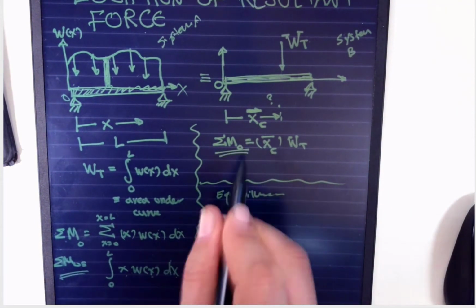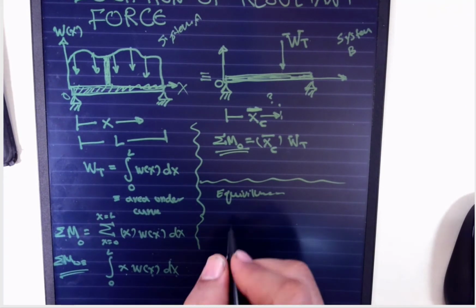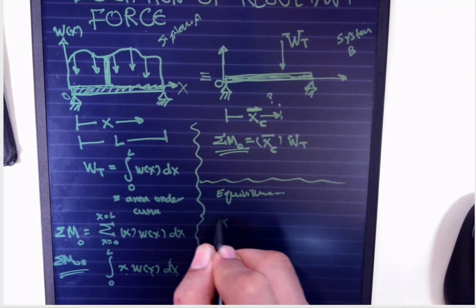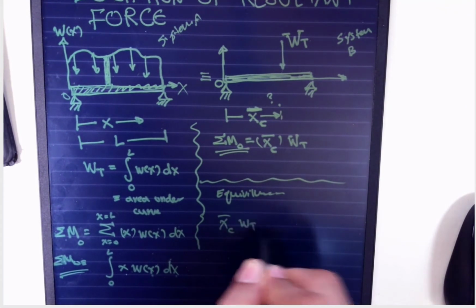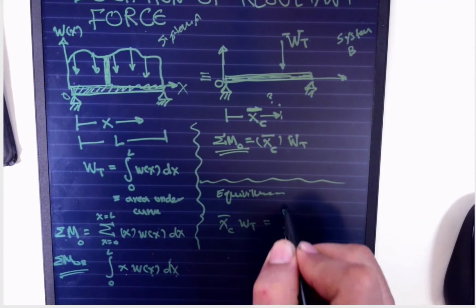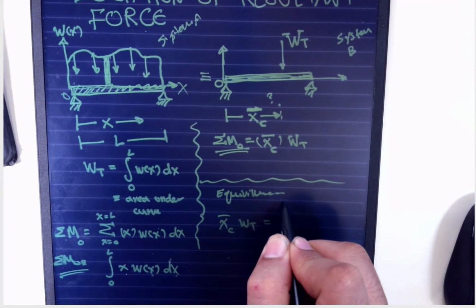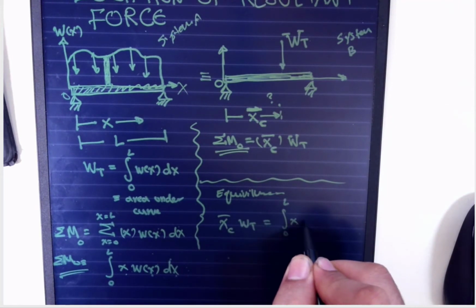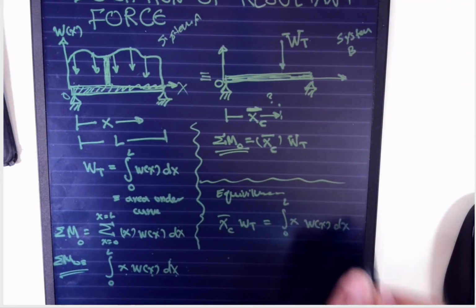These two values must be equal, meaning that x bar c times WT must be equal to the summation of all the fragments, which is the integration of x w(x) dx.